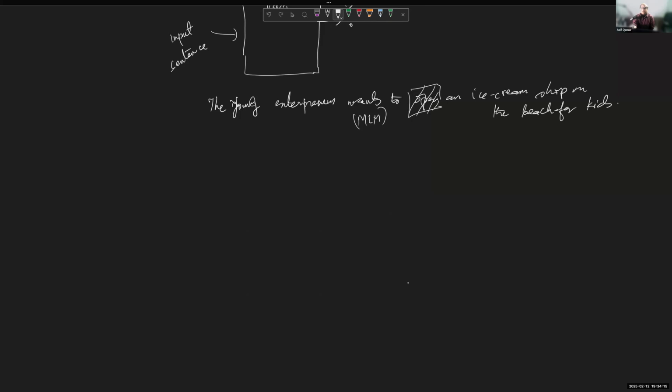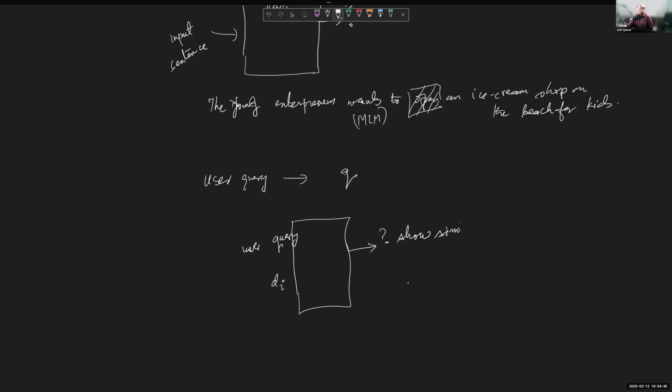Because when a user query comes, let's call it Q, what you could do is you could take BERT with a user query, and take a document that you have in your corpus, a document that you have stored, let me call it Di, and ask it a question: how similar are they?